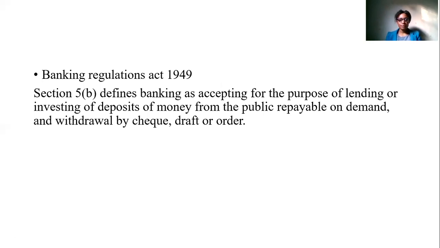When a customer deposits money in the bank, it is expected for the bank to keep that money for the customer, and upon them demanding that money, it is their money, the bank owes them money. So upon demand, the customer can have their money back. No wonder we're saying it is repayable on demand.